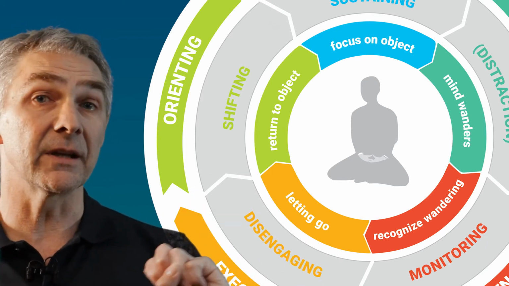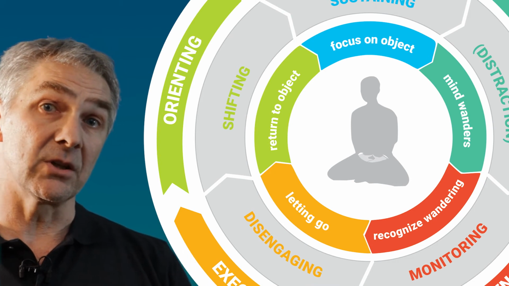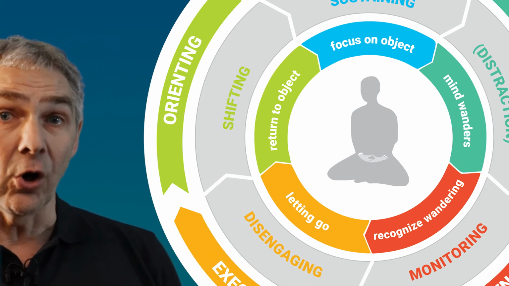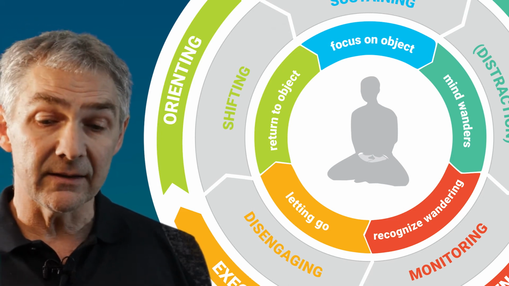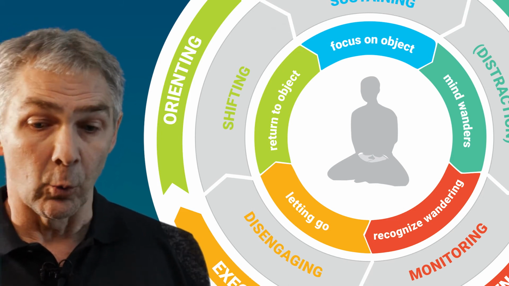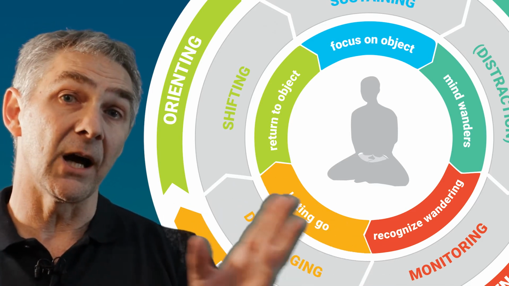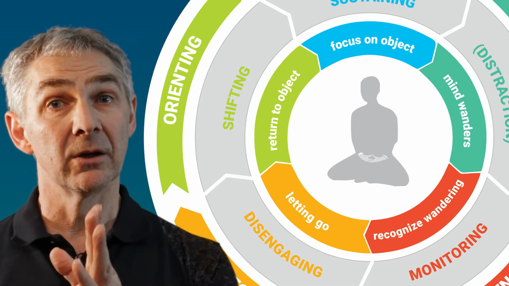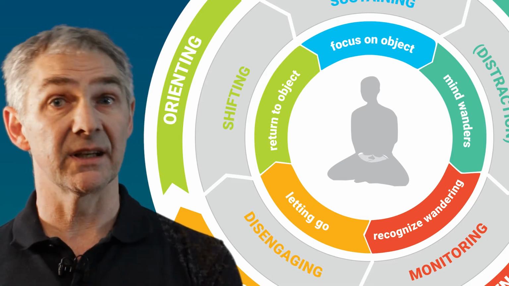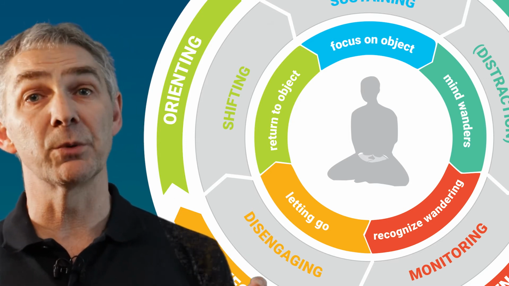And the next thing, seen here in orange, is that we let go of whatever our mind was attracted to. And then as a final point, we orient our attention back, we return our attention to the object we focused on, let's say the sensation of the breath. Yeah? So a very simple process.